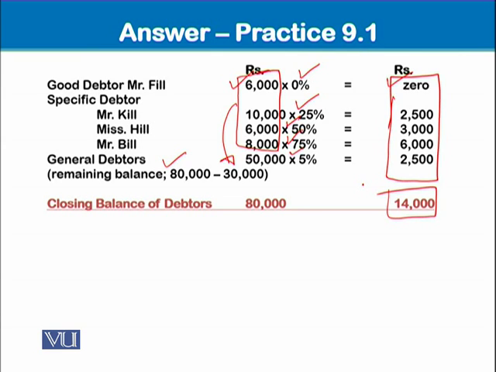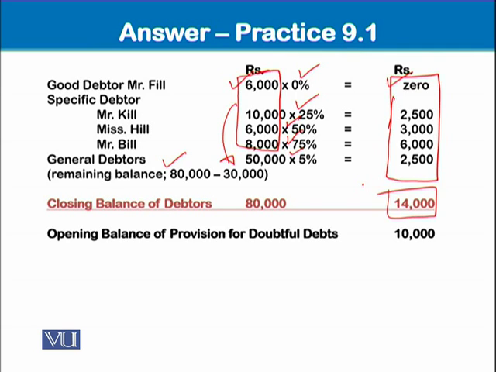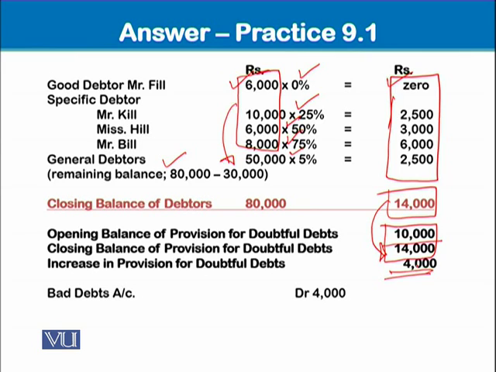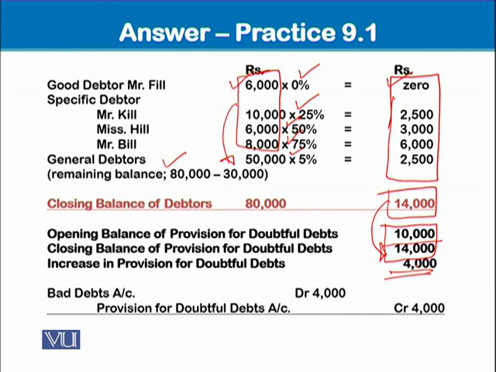So do you remember how much was the opening balance of provision? Yes, opening balance of provision was 10,000. It means that the closing balance that we have calculated from here is 14,000. It means that 4,000 is the amount of increase in provision for doubtful debts. So here we go. The accounting entry would be bad debts debit and provision for doubtful debts credit.